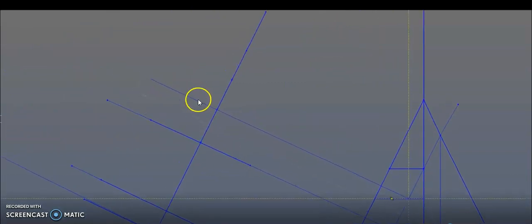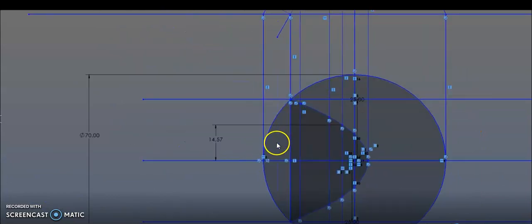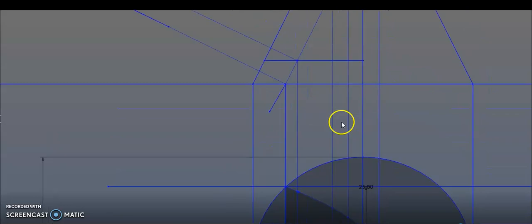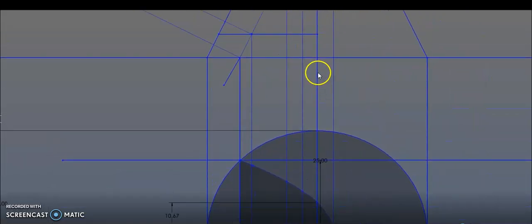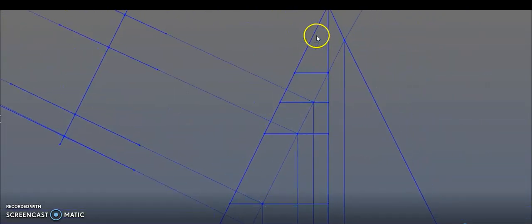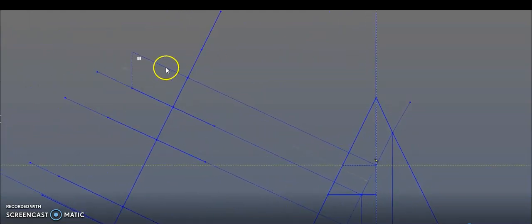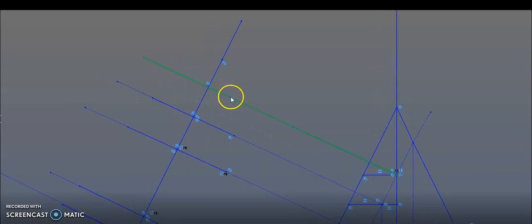That will be taken 14.57 to either side, to that side and this side. We will mark those points. Next you will take 10.67. That distance we will take from the point. This is 10.67 to either side.